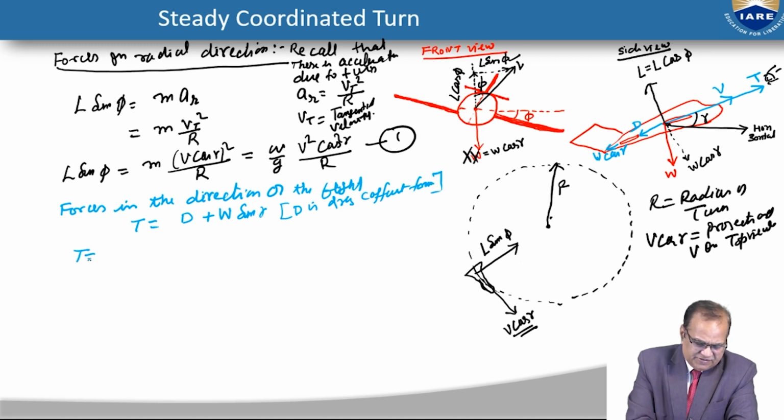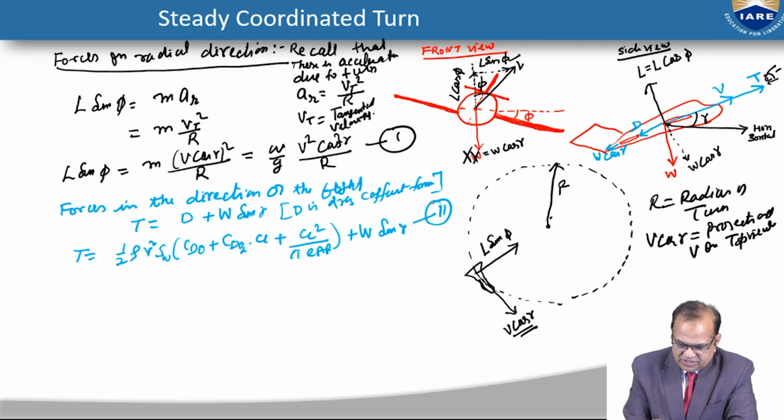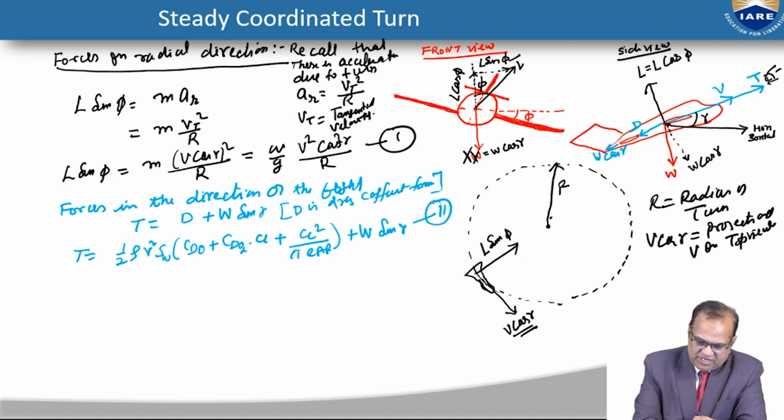So we can write that T is equal to D, we can write half rho V square S W, CD naught plus CD naught L into CL plus CL square by pi E aspect ratio, plus W sine gamma. This is equation number 2. So here I will write 1 star, here I will write 2 star.